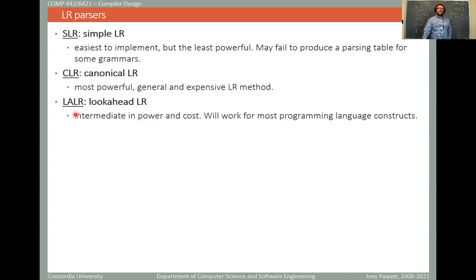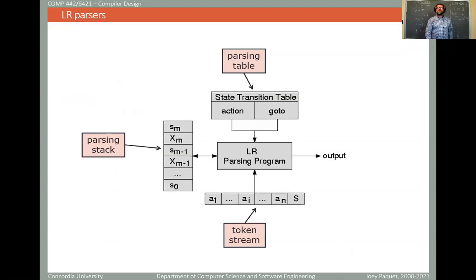The idea behind LALR, as we will see next week, is that it's basically the same thing as CLR, except that it will try to find states that are similar to one another, and will try to merge them, thus reducing the number of states in the graph.